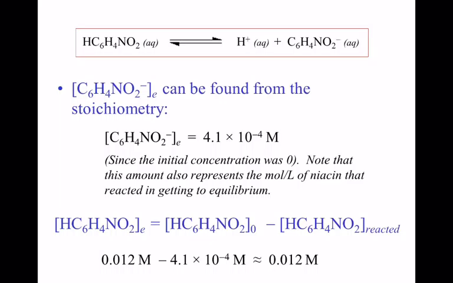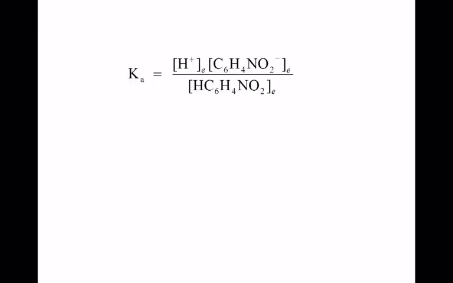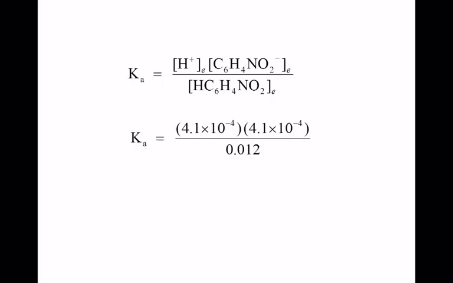Now, all we got to do is plug them in and get our Ka. That's it. In the top, for the hydrogen ion, we put 4.1 times 10 to the minus fourth. For what I've been calling the conjugate base, that C6H4NO2 negative, we also put 4.1 times 10 to the minus fourth.